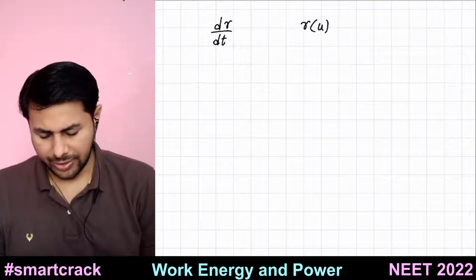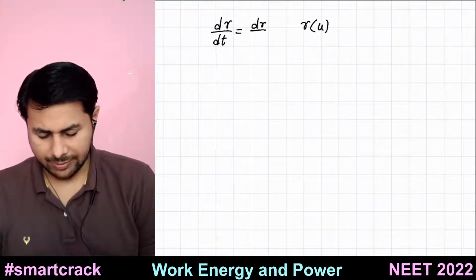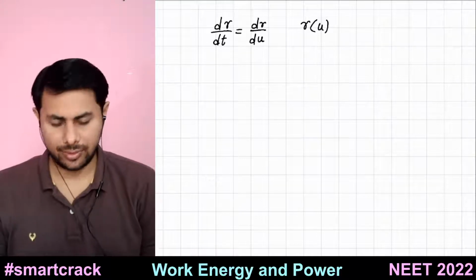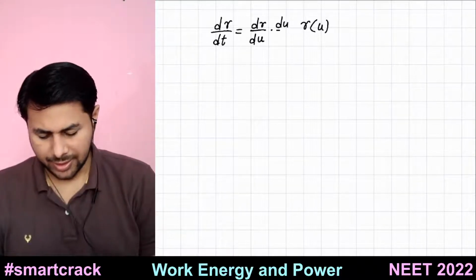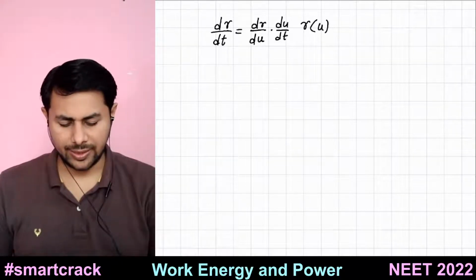Then how will you find the derivative? The derivative of r with respect to t can be written as dr by du multiplied by du by dt. This is the chain rule.